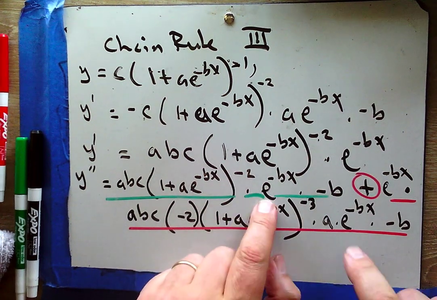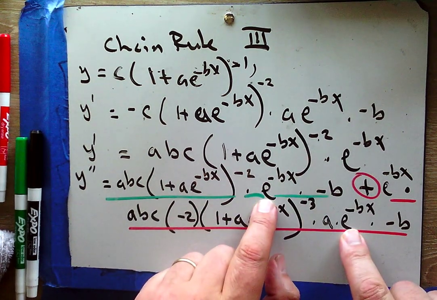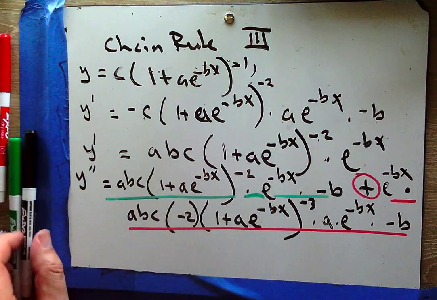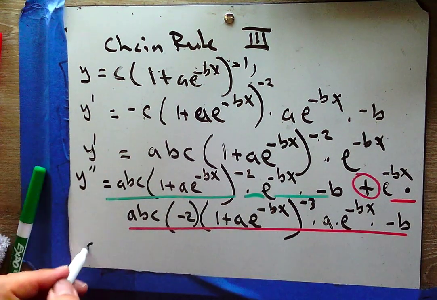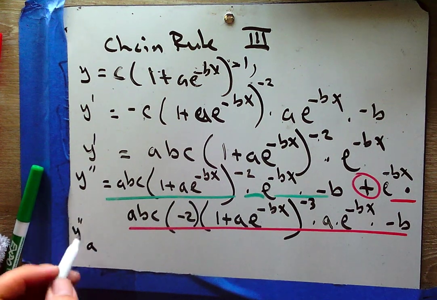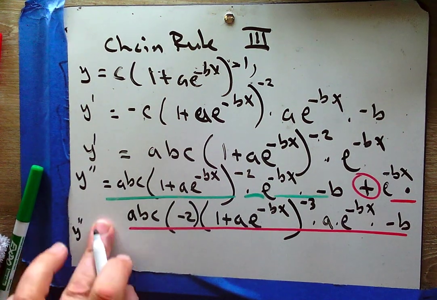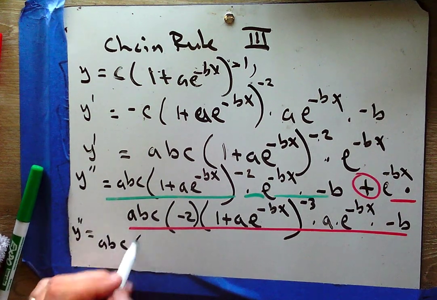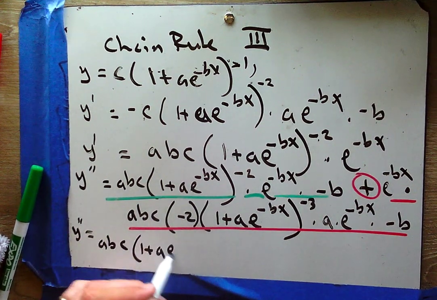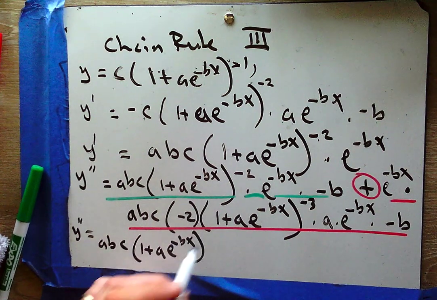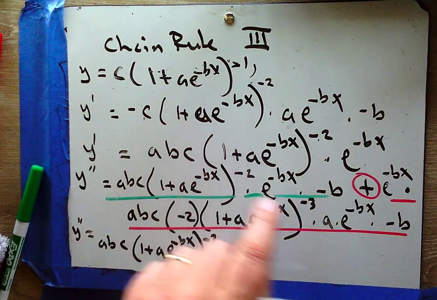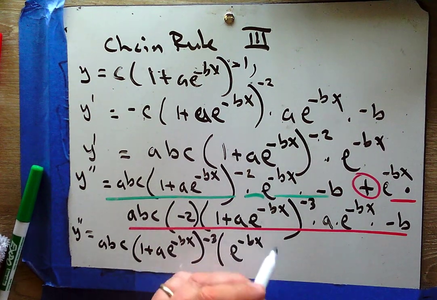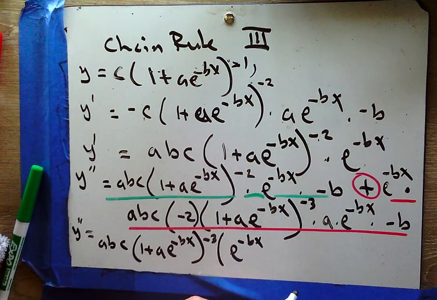And I definitely see an e to the minus bx. Ooh, I see a couple of them here. I'm just going to take out one. So I'm taking out, for y double prime, a, b, c, and I'm taking out a (1 + a e^(-bx)) to the negative 3, because the negative 3 is smaller than negative 2, and I'm going to take out an e to the minus bx.